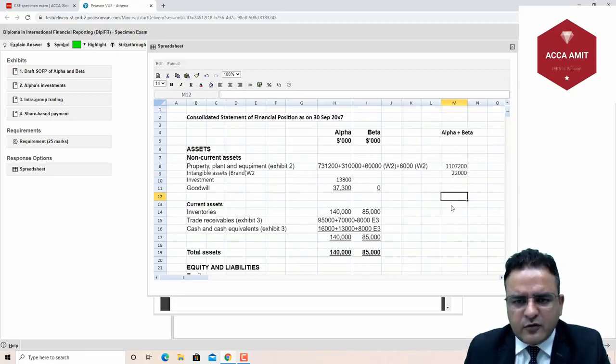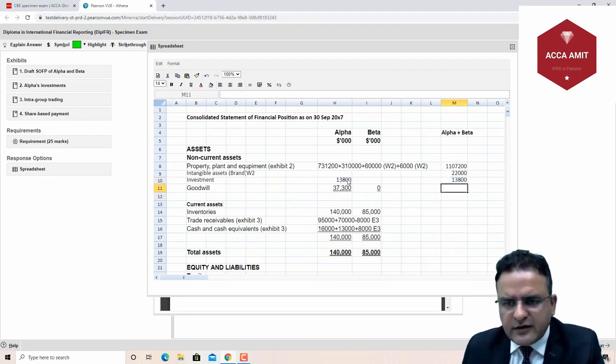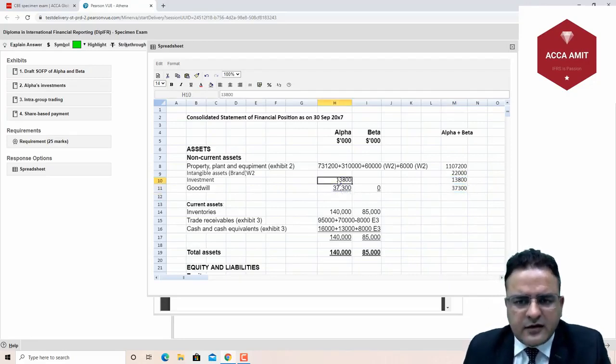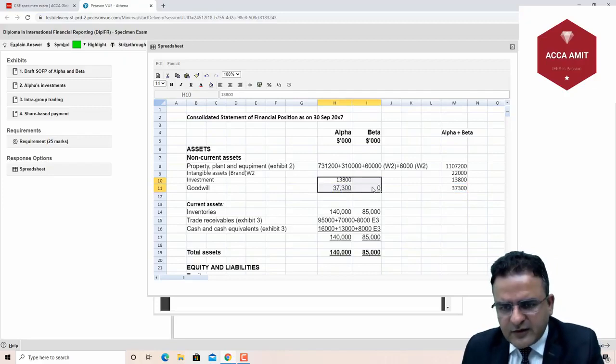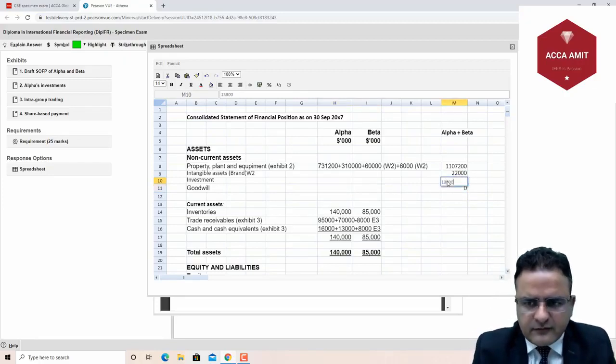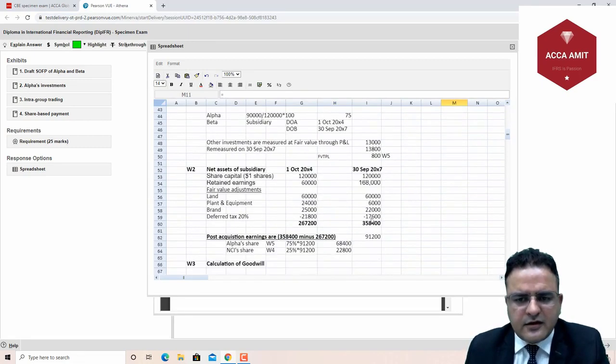That is 1,107,200. The investment to be included is equal to 13,800. The goodwill amount to be included is 37,300. So these are the amounts to be included as part of 13,800, 37,300.